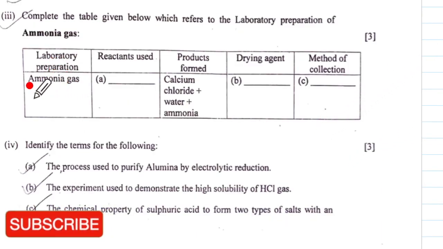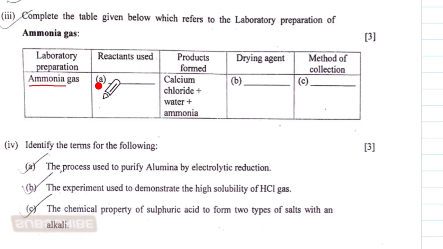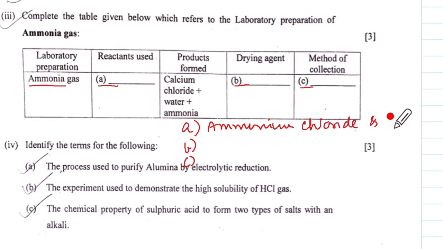Question, third part. So laboratory preparation of ammonia, reactants used, that is your first blank, drying agent is second blank, and the method of collection is the third one. So you can write your answers as A, B and C like so. Let us see what are the products: calcium chloride and water and ammonia. So calcium chloride means it must be calcium hydroxide and ammonium chloride. So it will be ammonium chloride and calcium hydroxide.